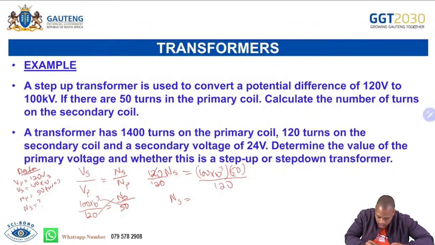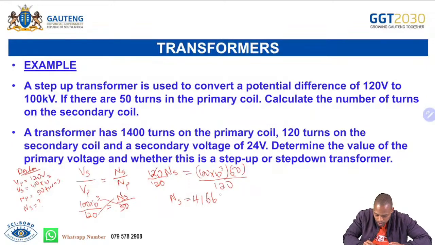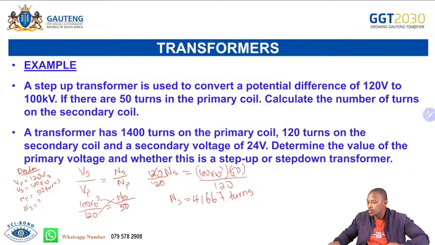I should get that the number of turns is 41,666.7. However, I will round it off to 41,667 turns, as these are actual turns. We're not going to have a point something. So it's going to be 41,667 turns. That's the number of turns that I am going to be having there.